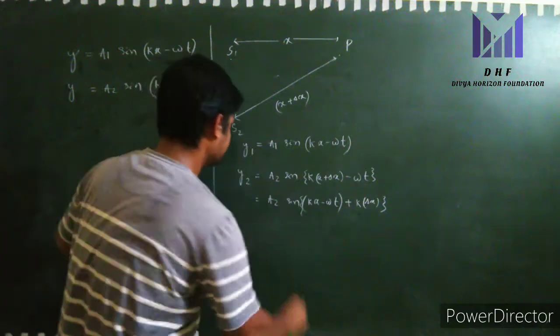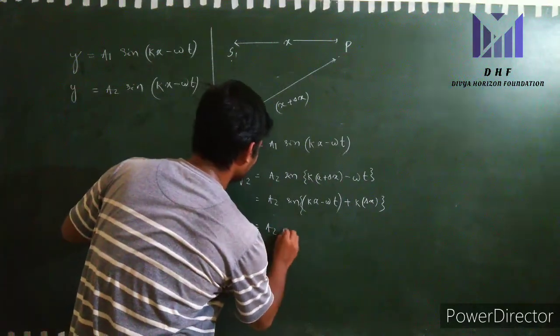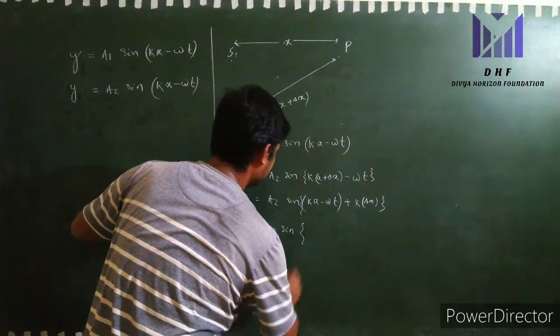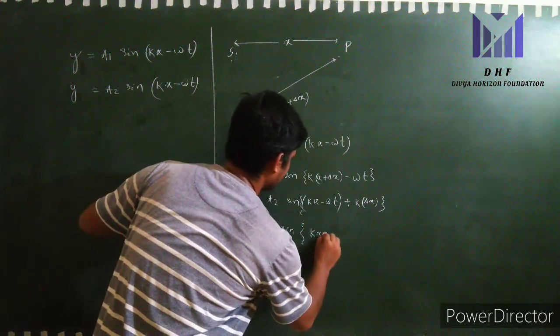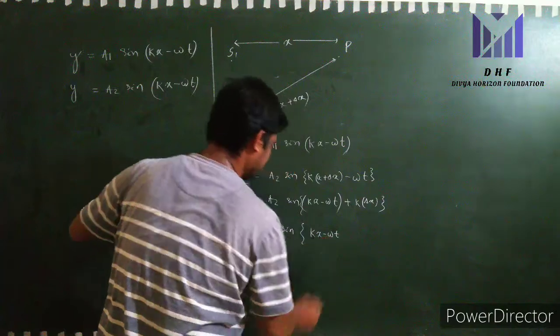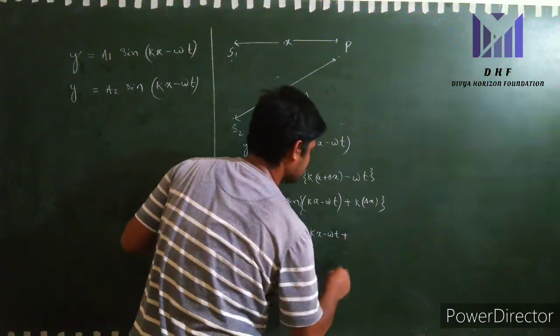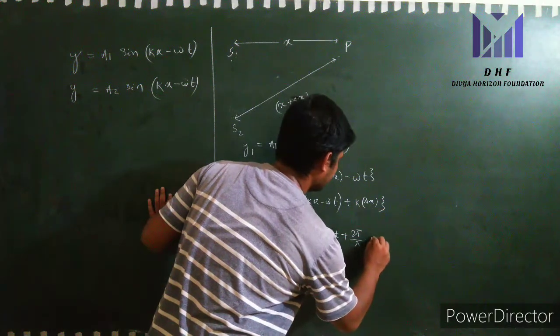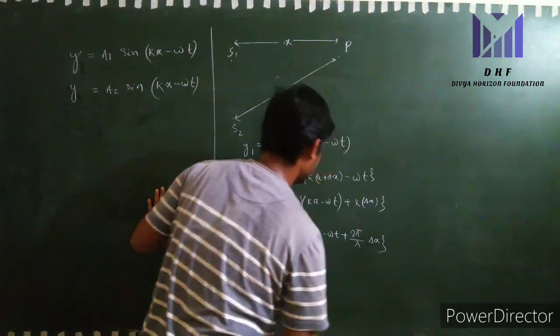This is the wave vector. That is a2 sin(kx minus omega t plus 2 pi by lambda into del x).